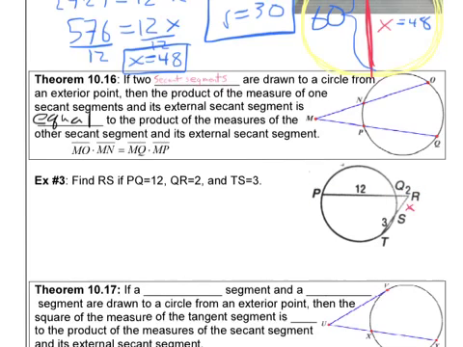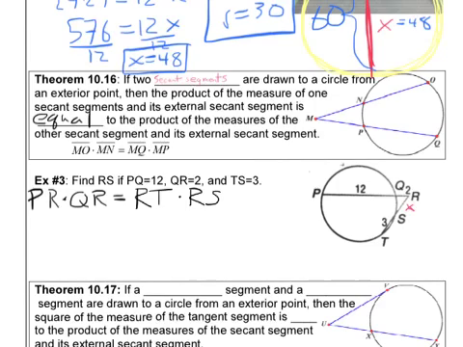So I'm going to write PR times the outside part, which is just QR. And I'm going to set that equal to the whole thing on this secant segment, which is RT, times the outside part, which is RS. All right. And now let's just fill in the information.